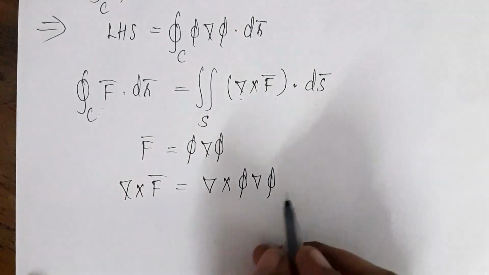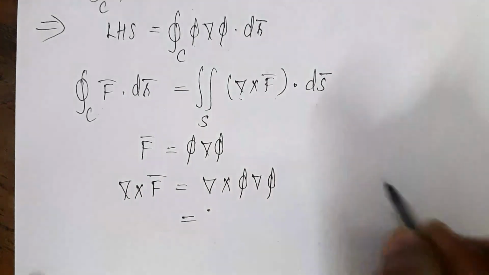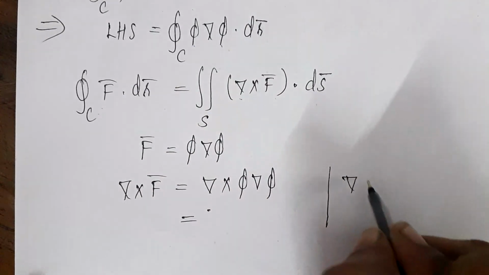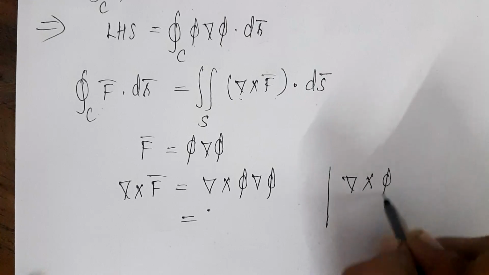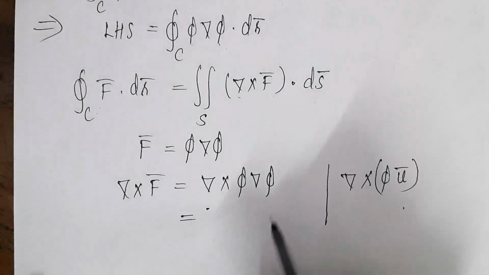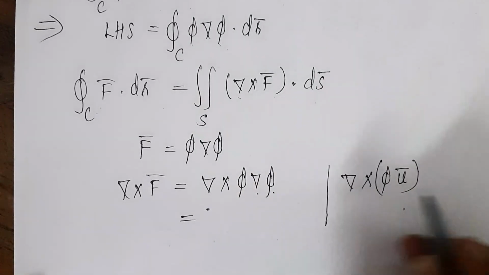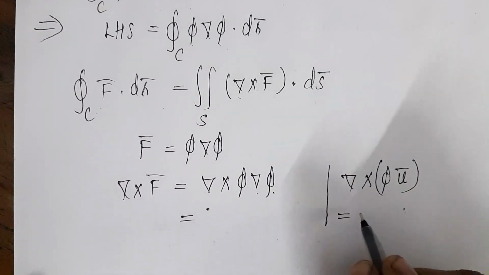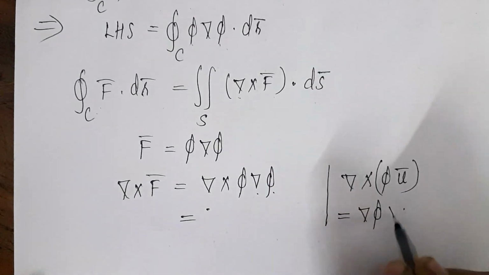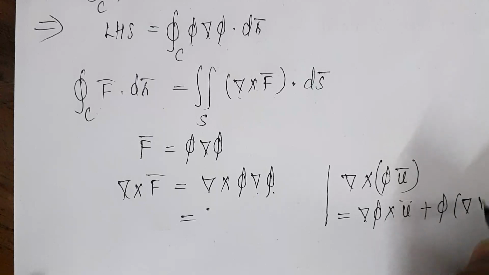Can we use the property of del cross phi multiplied by u? Yes. Why? Because del phi is a vector quantity and phi is a scalar quantity. So what is this property? It is del phi cross u plus phi into del cross u.